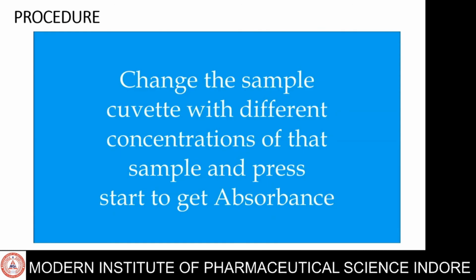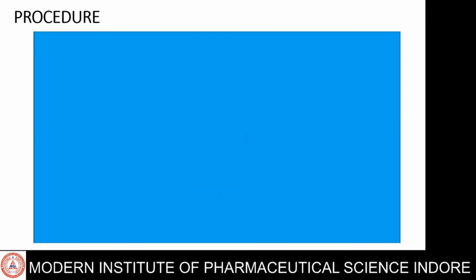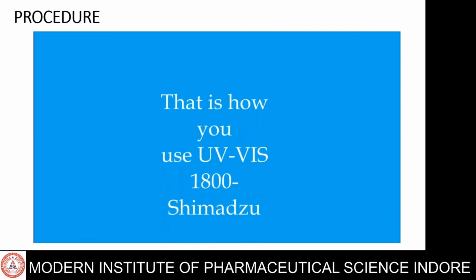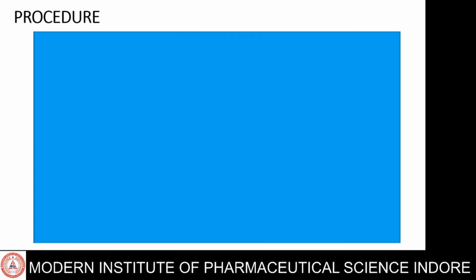Change the sample cuvette with a different concentration of that sample and press start to get absorbance for the next sample. Ensure there are no air bubbles present in the cuvettes. That is how UV visible spectroscopy is used.